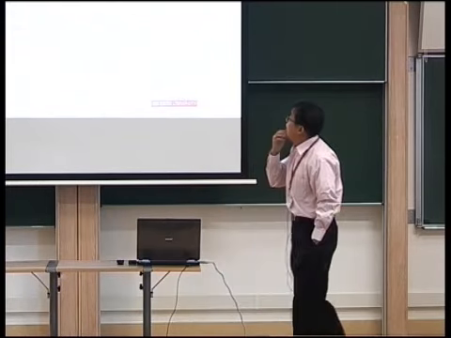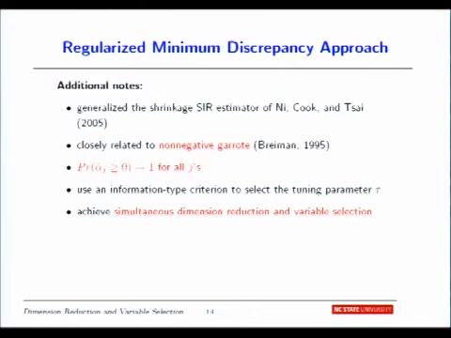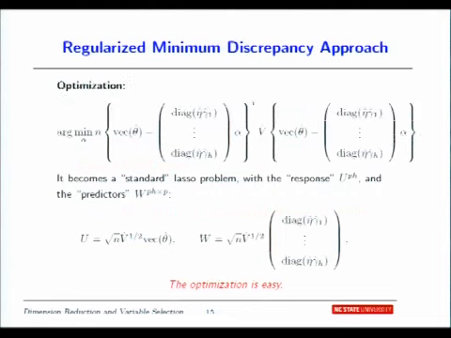Just a few more quick notes. This is a generalization of the shrinkage sliced inverse regression estimator, and it is closely related to the nonnegative garrote that was proposed by Breiman. We use some information type criteria to select the tuning parameter, and we say this estimator achieves simultaneous dimension reduction and variable selection.